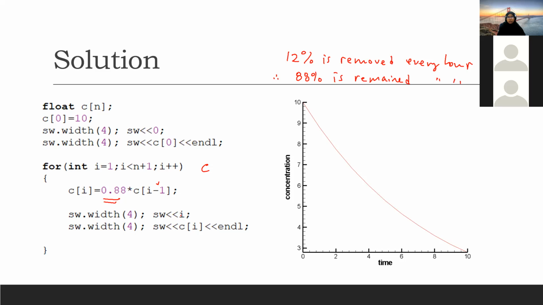If you are using MATLAB, the index starts with 1, so you cannot do it like this. So what I'm doing is C of i equals r of C of i minus 1. That is equivalent to C i plus 1 equals r C i.